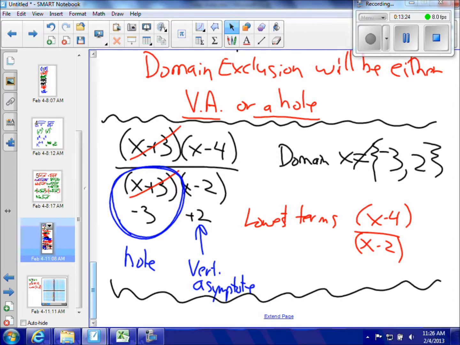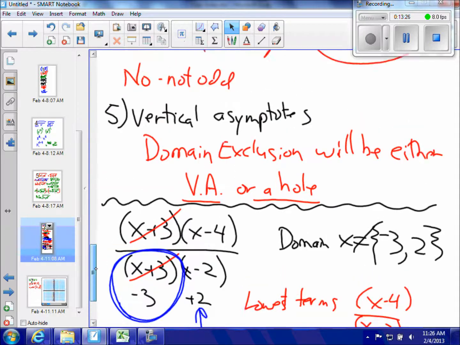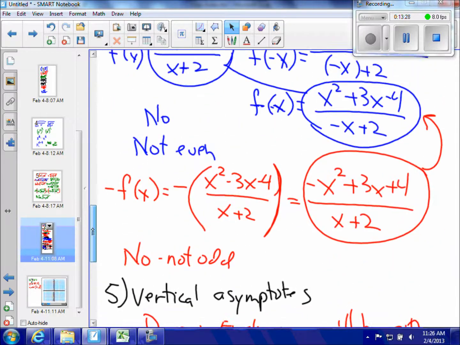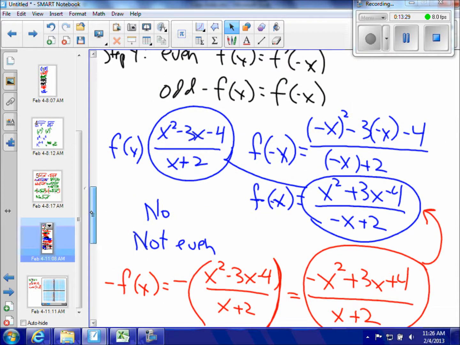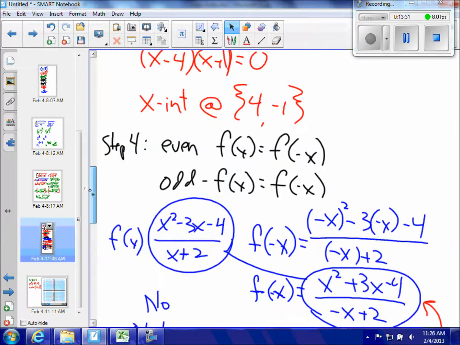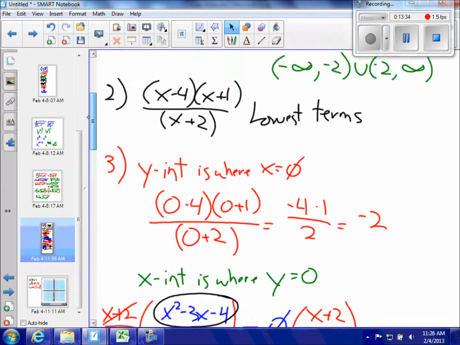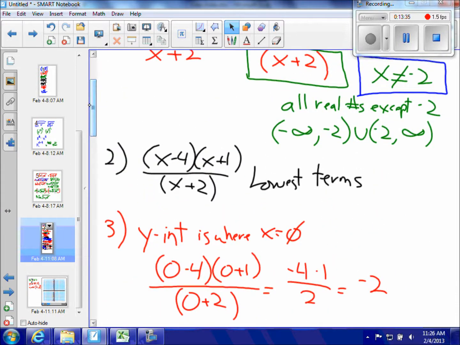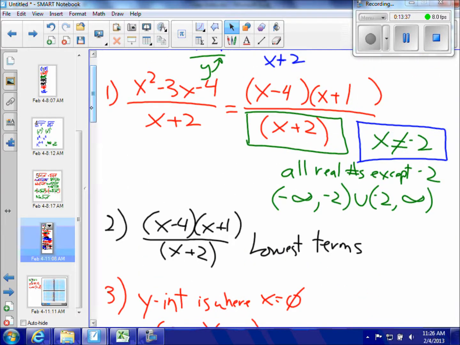Going back to my original problem here, my lowest terms was the same as my original function. I wasn't able to cross anything off. So this exclusion from my domain right here, x equals -2, is going to be a vertical asymptote. So at -2, I'm going to have a vertical asymptote.